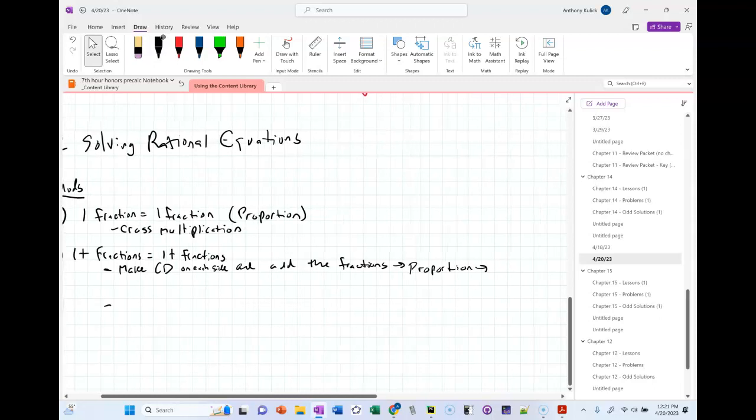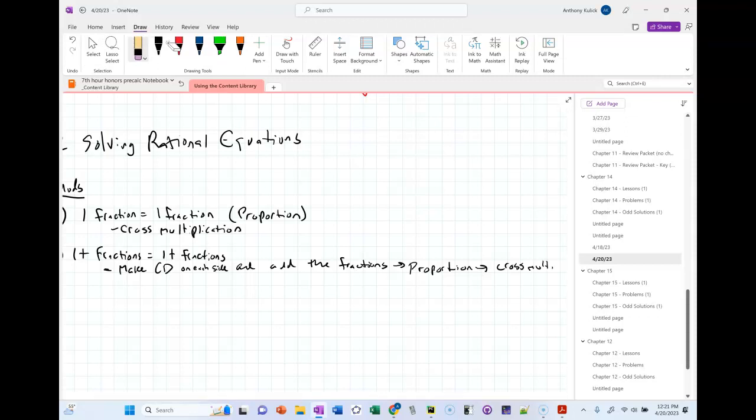The fact is that you end up with a proportion, so then you can cross multiply. Sorry about that. Let's be a little bit clearer there. What else could you do?